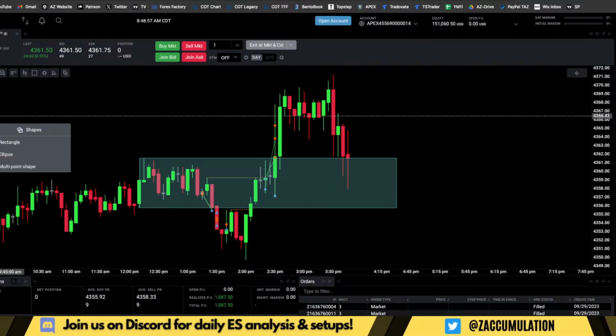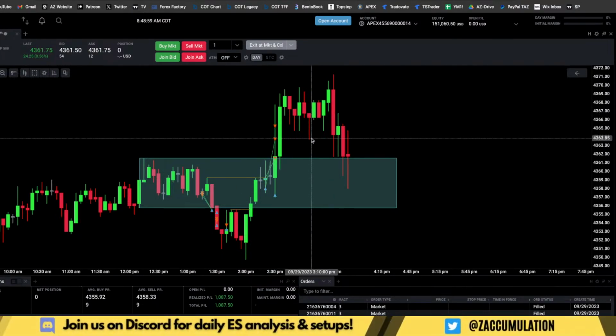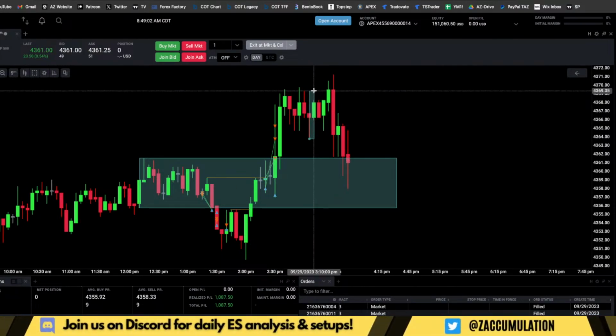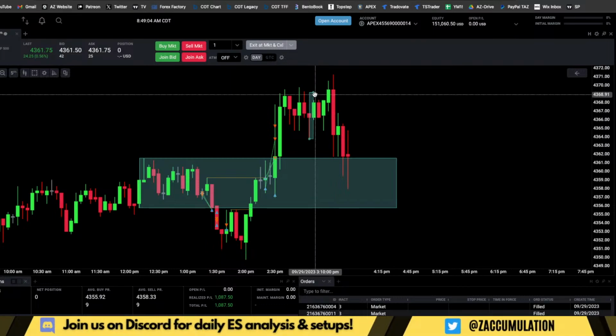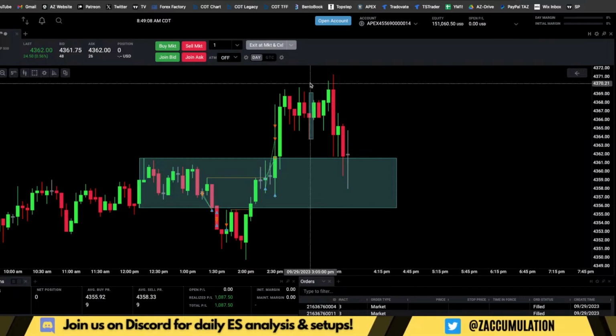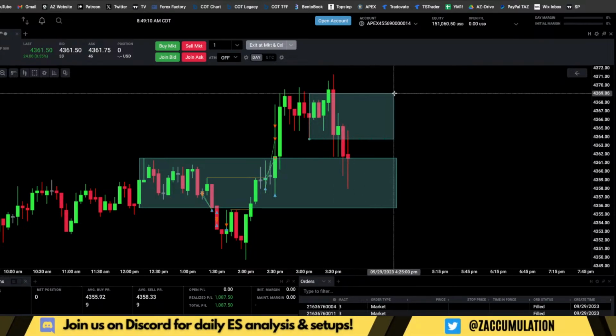And this is our breaker block for the model to the downside. Right here.